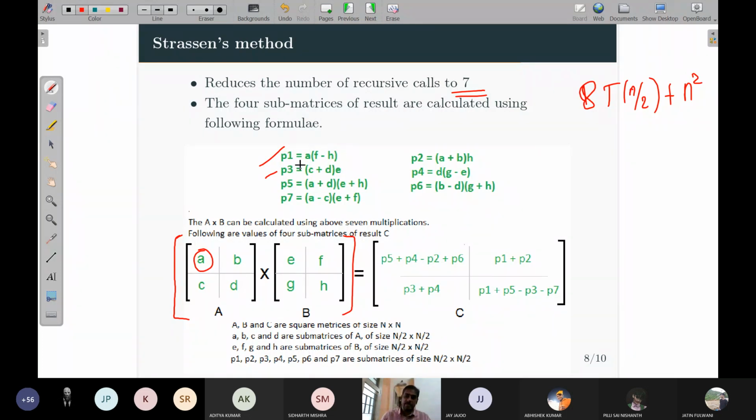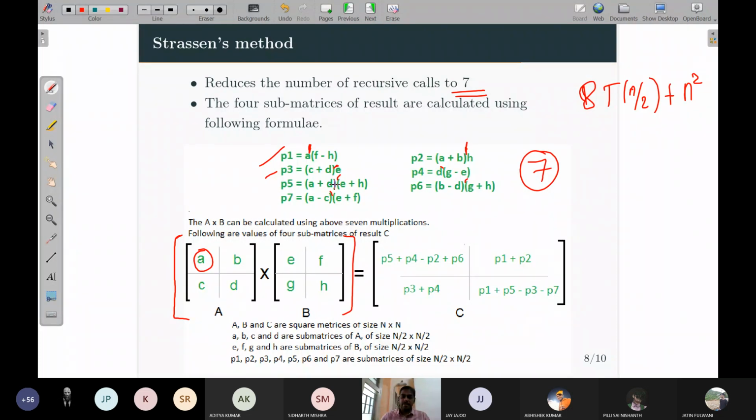Subtraction is another form of addition. So here you have one multiplication, and counting 1, 2, 3, 4, 5, 6, 7, you can see 7 multiplications only. So the number of multiplications has been reduced by 1 in Strassen's method.